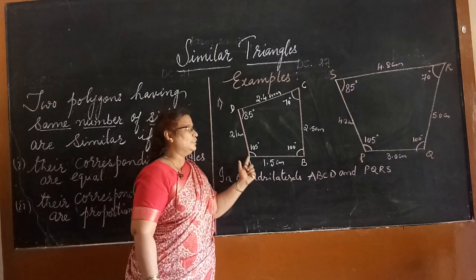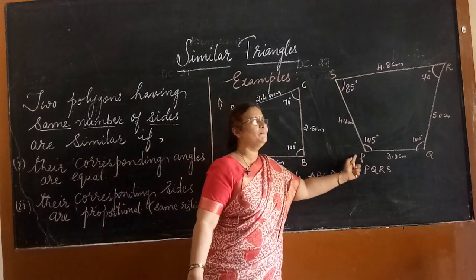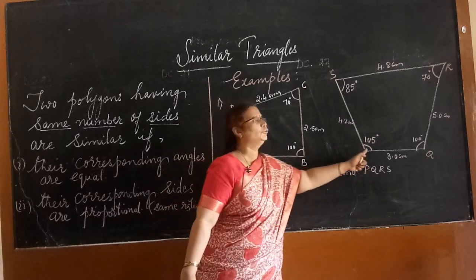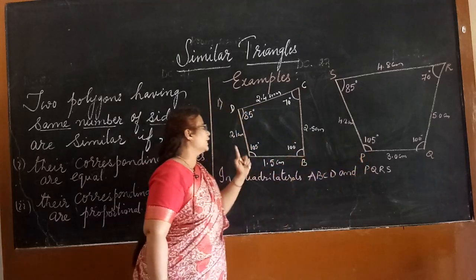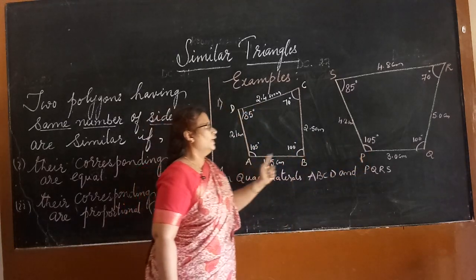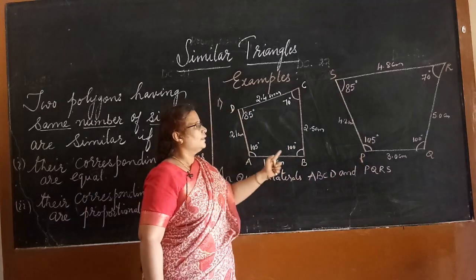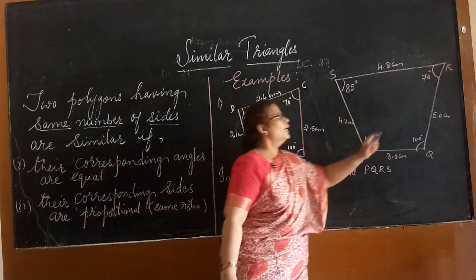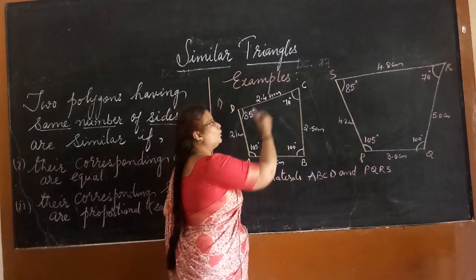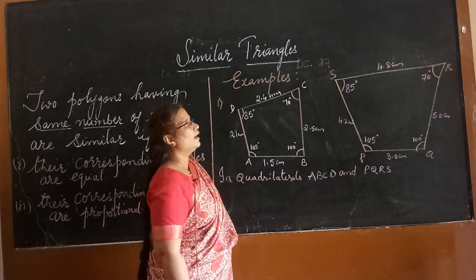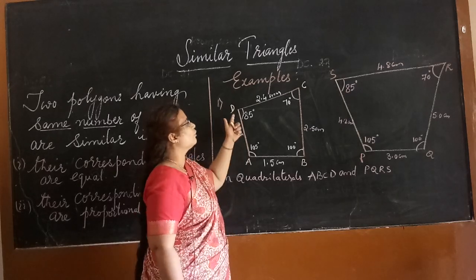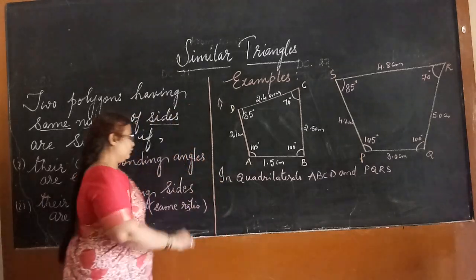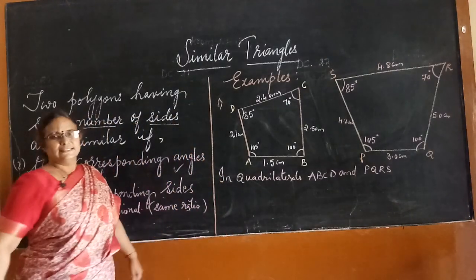For angle A, the equal angle in the quadrilateral PQRS is angle P, so we can say the corresponding angle of A is angle P. Similarly, the corresponding angle of B is angle Q because both measure 100 degrees. The corresponding angle of C is angle R and the corresponding angle of D is angle S. How are these angles? They are all equal. Hence the first condition is satisfied.